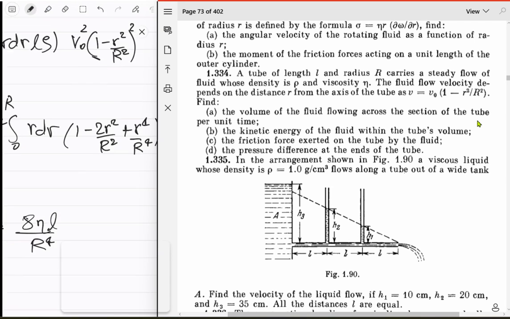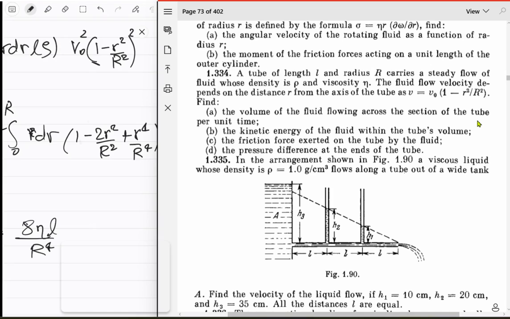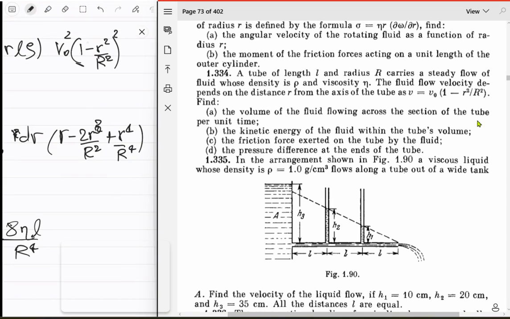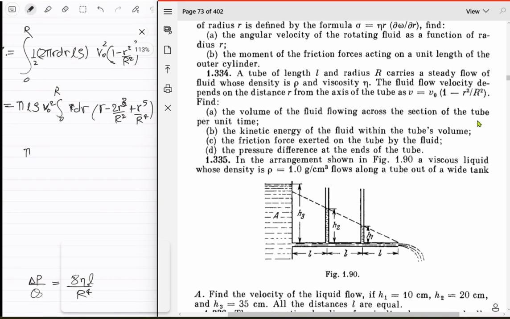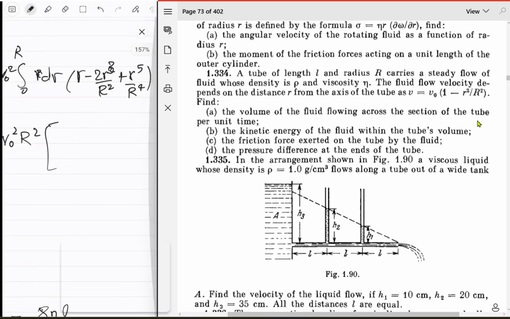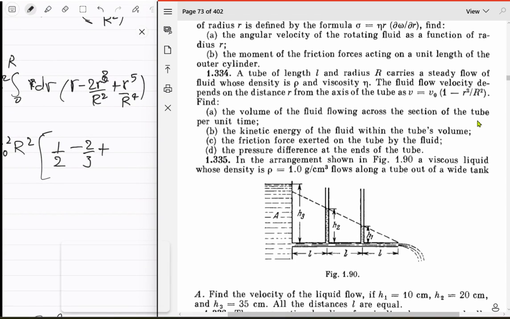You want to integrate this thing, but first of all, r inside, so it will be r minus r cubed, and then you got r power 5 actually. Okay, just call R outside. So the thing that we'll get is pi L rho V naught squared, and then R squared will come out. And inside we'll just have, first of all, 1 upon 2, then minus 2 upon 3, plus, I think, 1 upon 5.